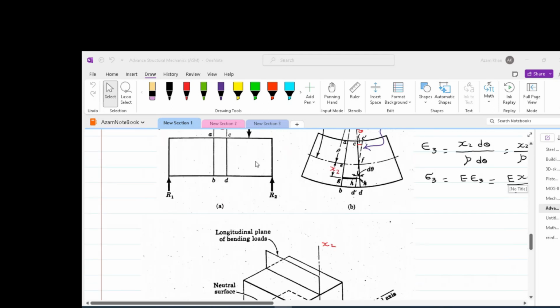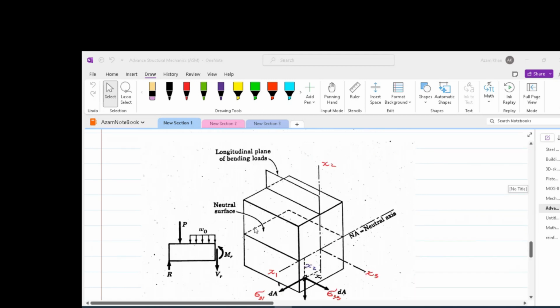Imagine that we take a small portion of this beam. This is an element of the beam having an exploratory surface. This element is in the form of a cube, i.e., it has six sides.